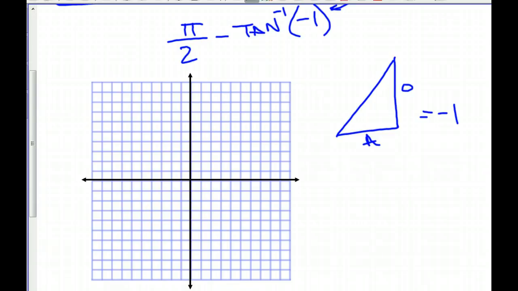So that will happen in either the second quadrant or the fourth quadrant. Since we need a -1, we need either the opposite or the adjacent to be negative. So in this case, our adjacent is positive, our opposite is negative. In the second quadrant, our adjacent is negative and our opposite is positive.